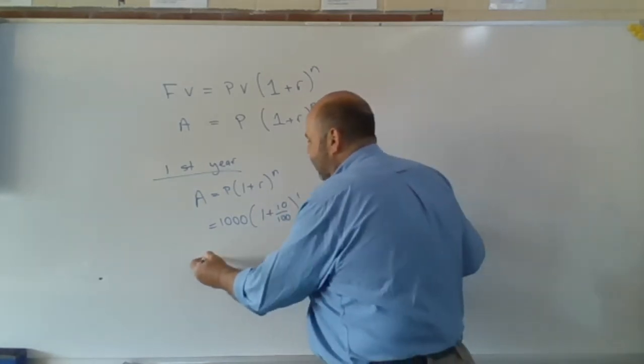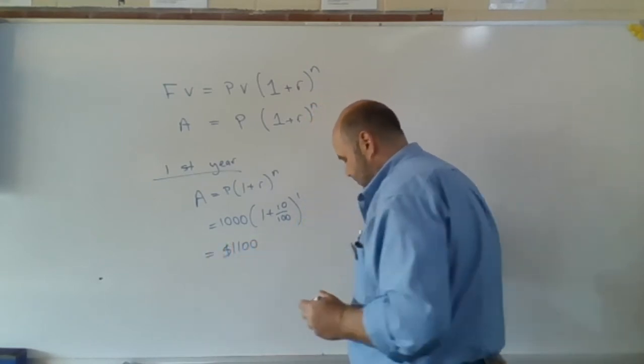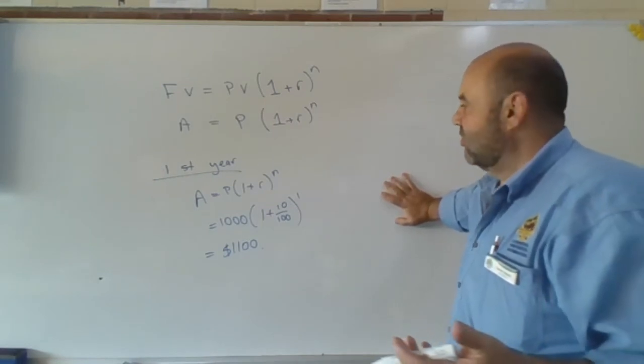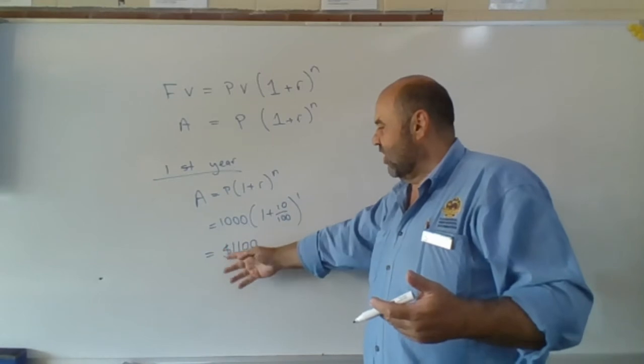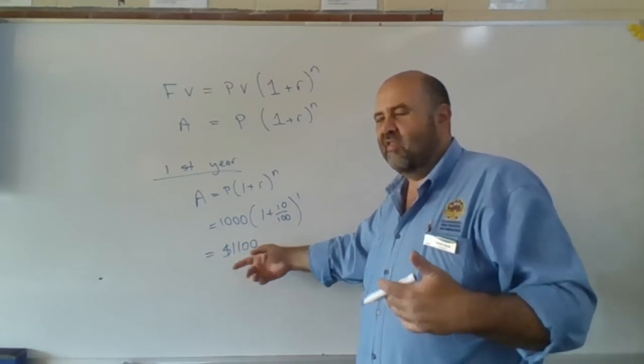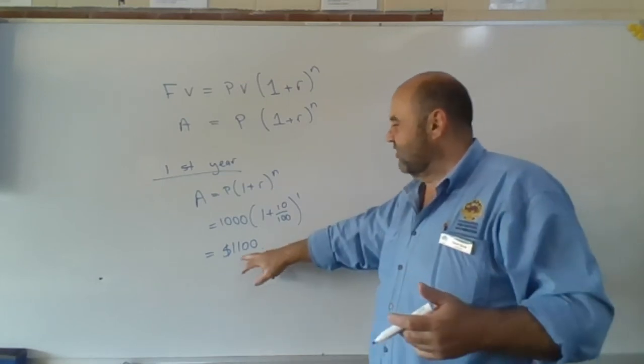Okay, I end up with $1,100. But if I was going to do that for 2 years, well, in the second year, I'm investing $1,100. Right? So the formula takes care of that for us. We don't have to work out every individual year. The formula will take care of that for us.